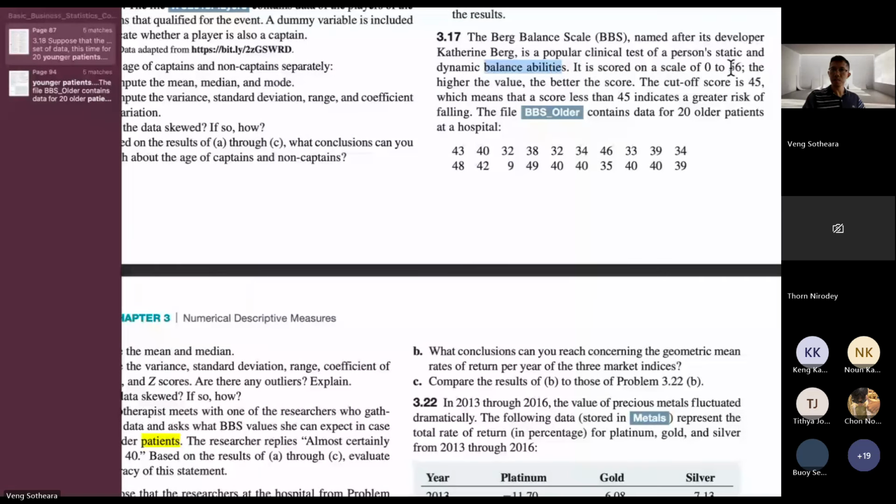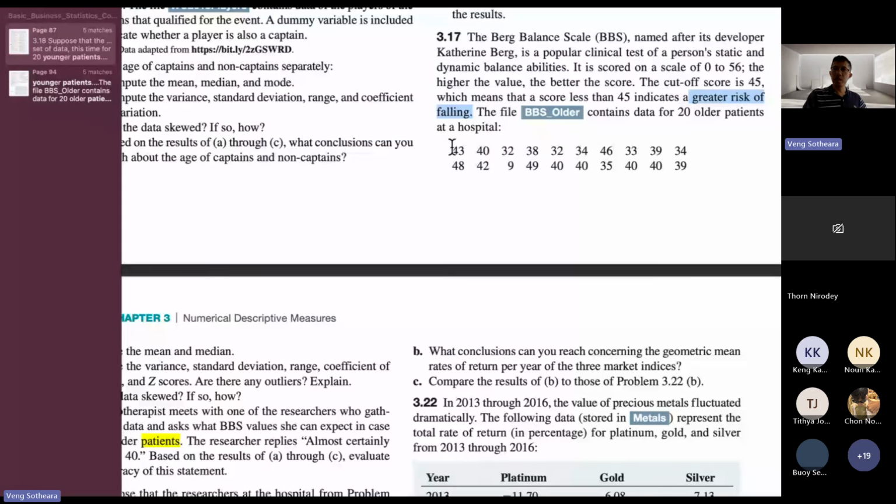Okay. Higher value means a better score. So the cutoff score is 45, meaning that a score less than 45 indicates a greater risk of falling. So if you have a score less than 45 in BBS, your stability is not good, you have a greater risk of falling.